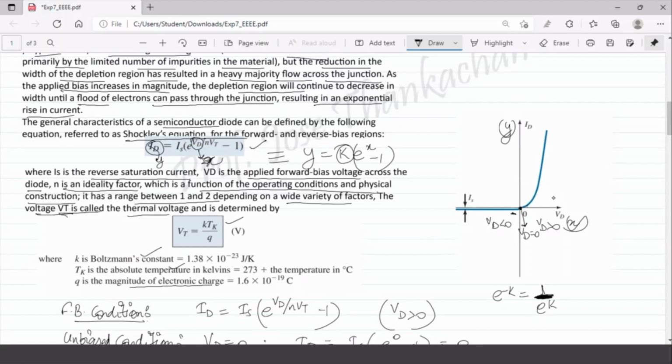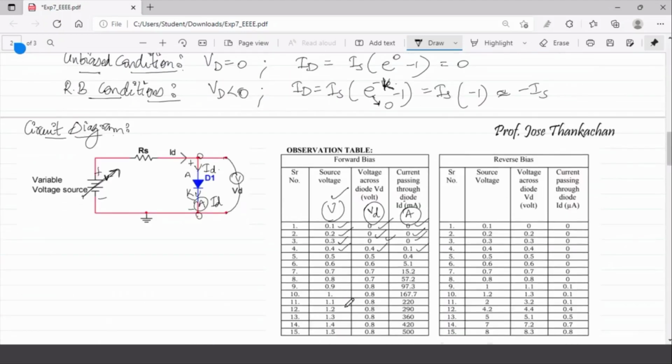You can see after this point, you can say that this is the cut-in voltage. Once the cut-in voltage is crossed, the device starts conducting and a large amount of current flows through it, only limited by the load connected in the circuit. And you can see we have increased step by step the voltage of the source, and the current flowing through the device also starts increasing.